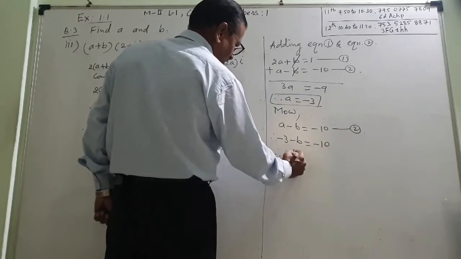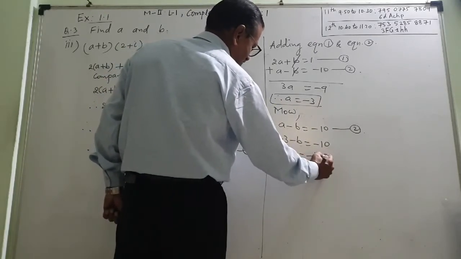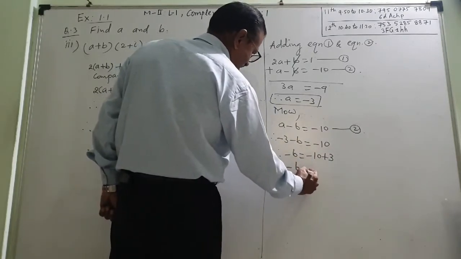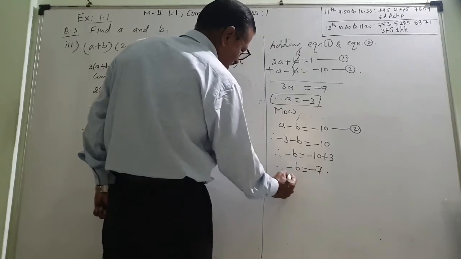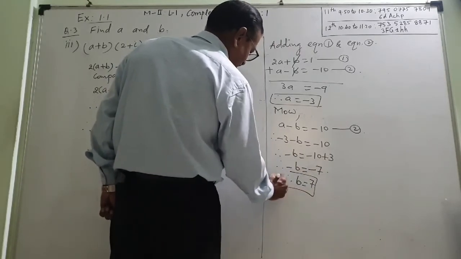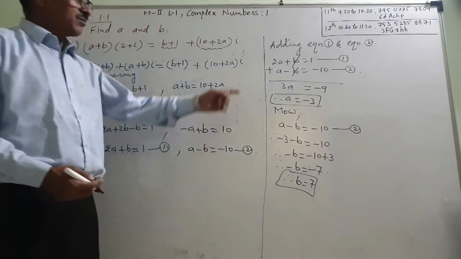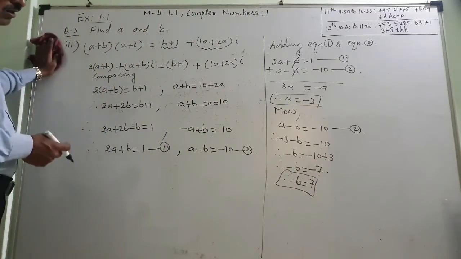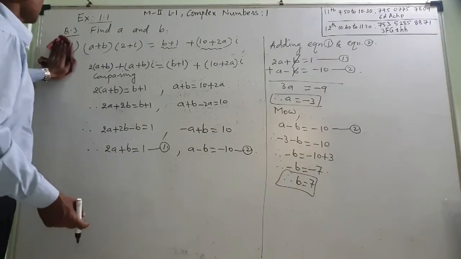Therefore, minus b is equal to minus 10 plus 3. Therefore, minus b is equal to minus 7. Now, changing the sign, b is equal to 7, and you will write the answer: a is equal to minus 3, b is equal to 7.